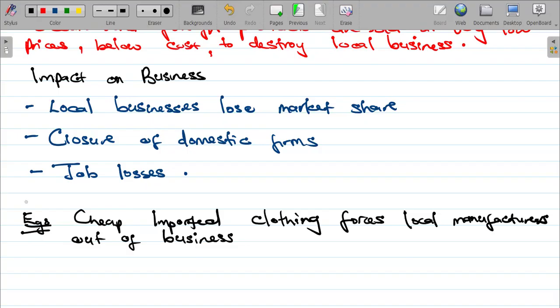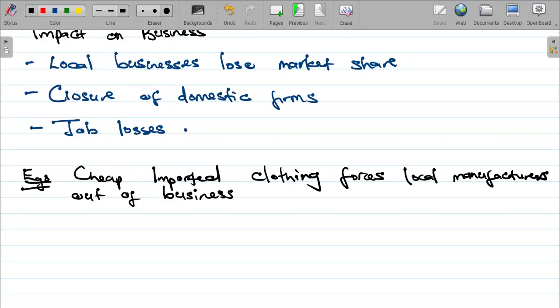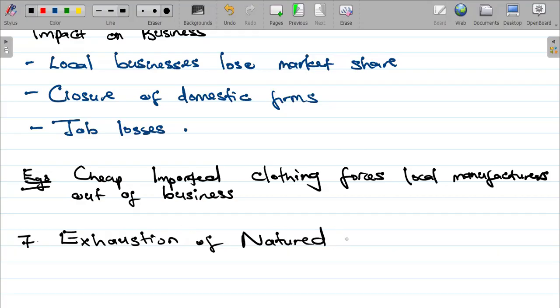Another socio-economic problem that I'm going to discuss is the exhaustion of natural resources, whereby the natural resources are overused, are over-exhausted, right?